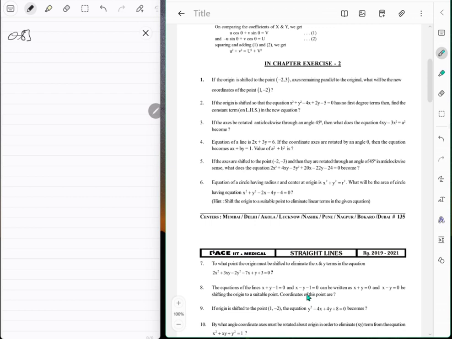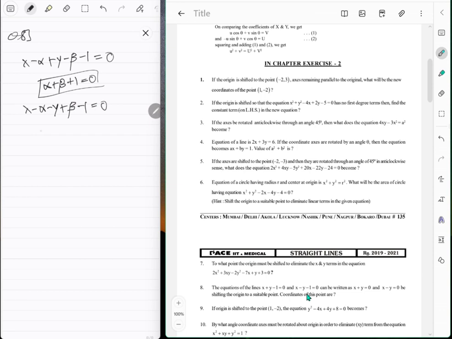So x plus y minus 1 became this. Let's do this thing: x minus alpha. This line is pretty much the same thing as x plus y equal to 0, right? So that means alpha plus beta plus 1 should be equal to 0. Then this one, x minus alpha minus y plus beta minus 1 equal to 0, and this is x minus y equal to 0.